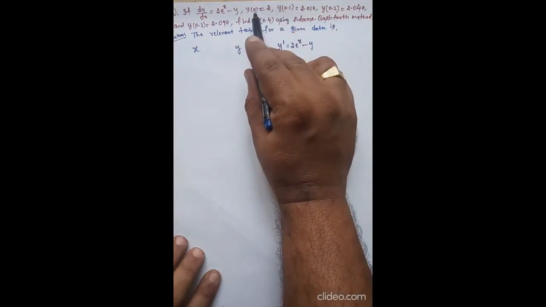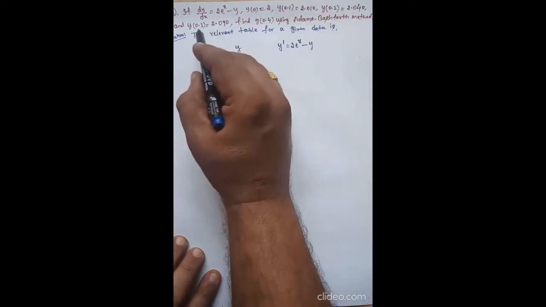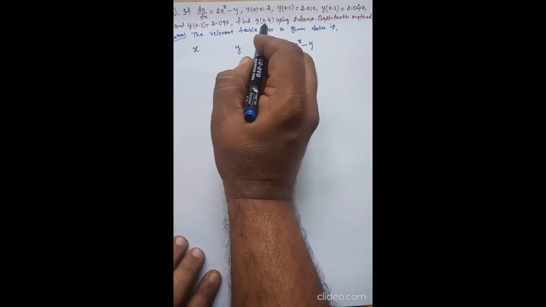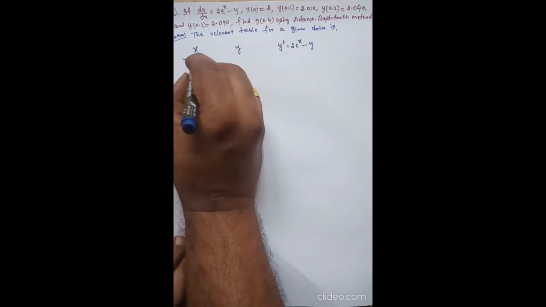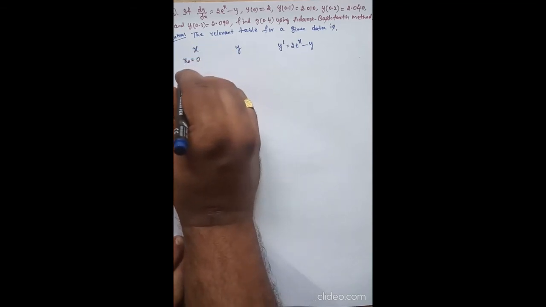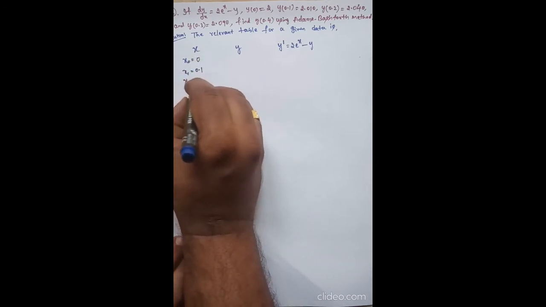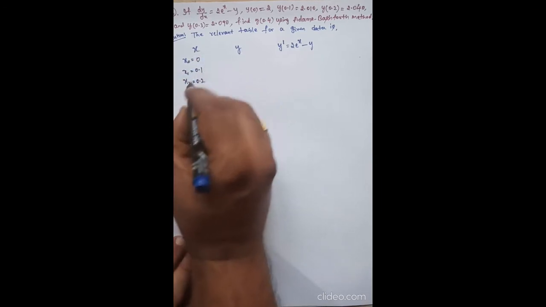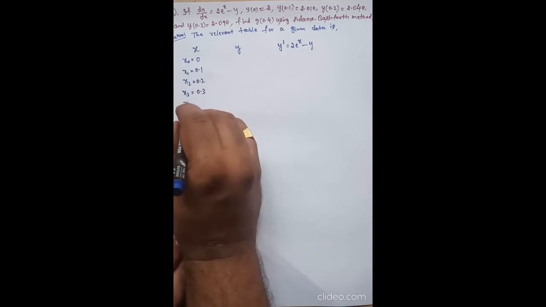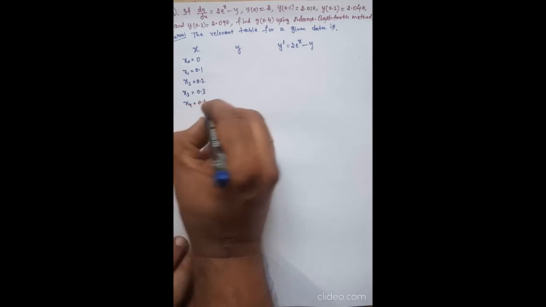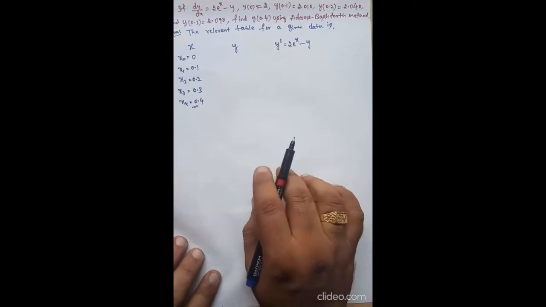Here the data given 0, 0.1, 0.2, 0.3 and 0.4 also. So I'll write these values as x naught equals 0, x1 equals 0.1, x2 equals 0.2, x3 equals 0.3, and x4 is 0.4. So this is the point where I want to find a final solution.